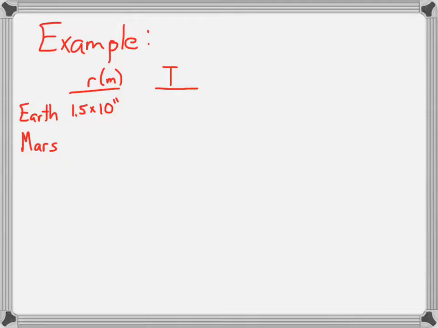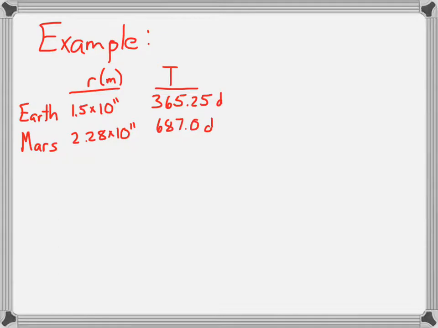And Mars, its orbital radius is 2.28 times 10 to the 11. The orbital period of Earth is, like I said, 365.25 days. Your table says 365.3 days. And then the orbital period of Mars is 687.0 days.